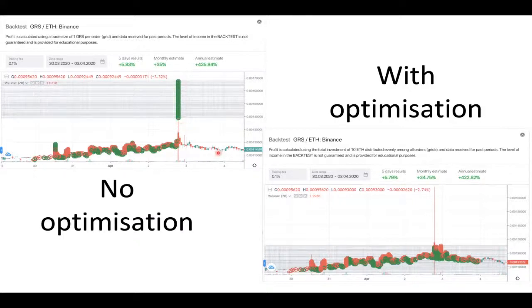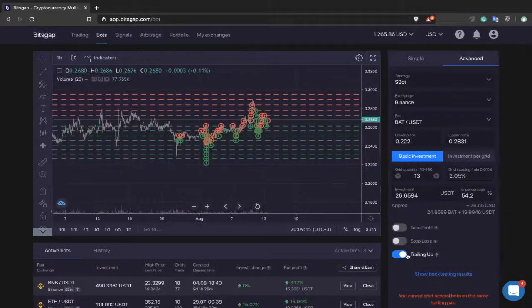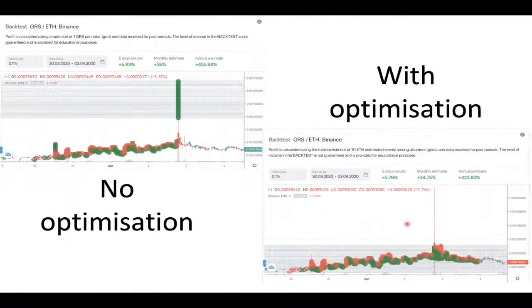Whereas with the optimization that we have at Bitsgap, that's the built-in algorithm feature, so you don't have to switch it on like in the case of trading up and stop loss. It's just already built into the algorithm. You would have this smooth trading performance, so you wouldn't get stuck with your buy limit orders at the highest price.